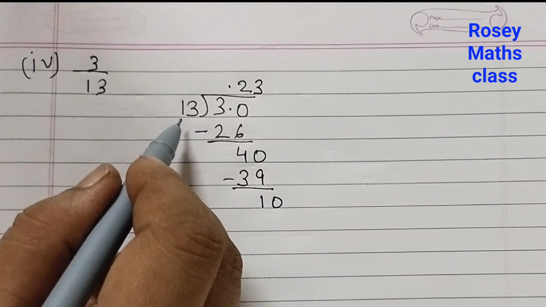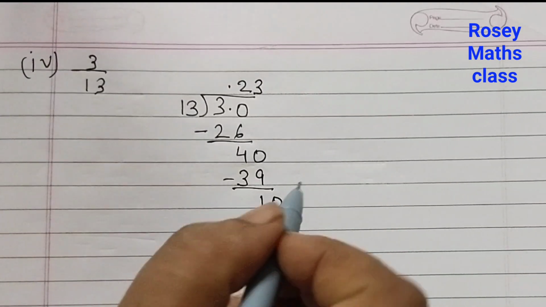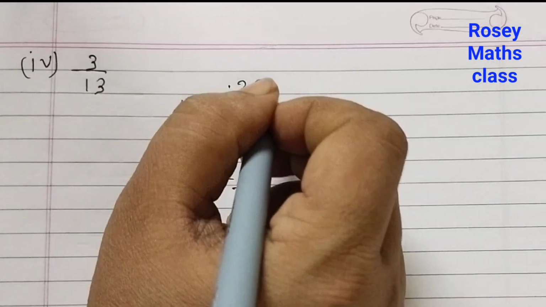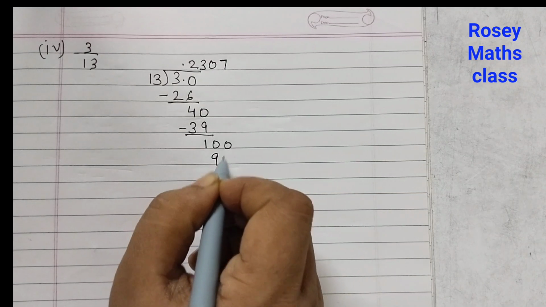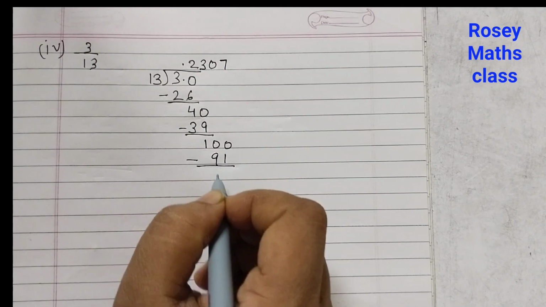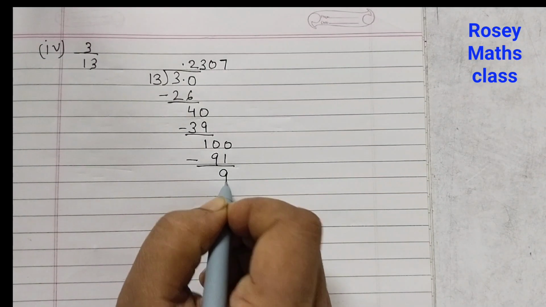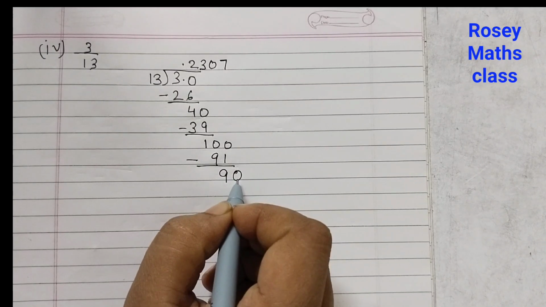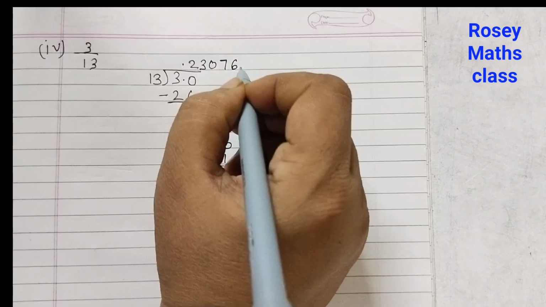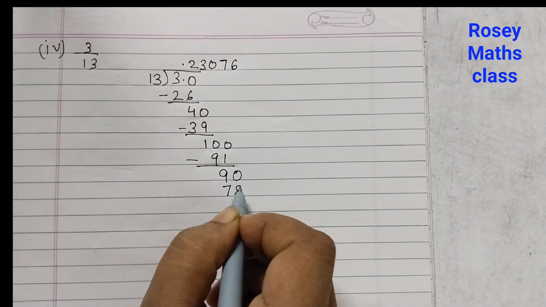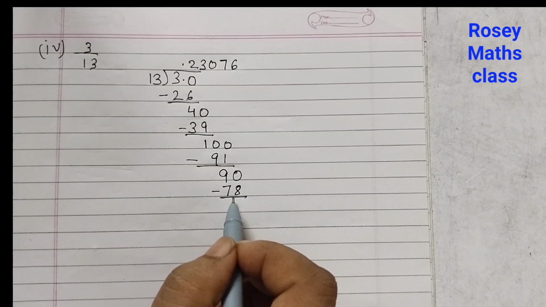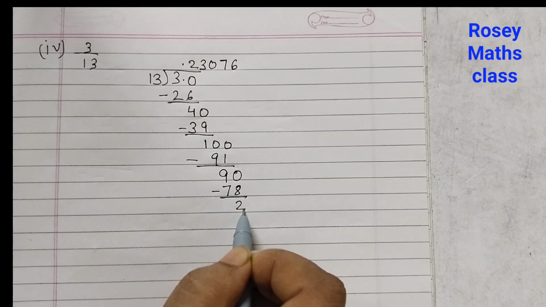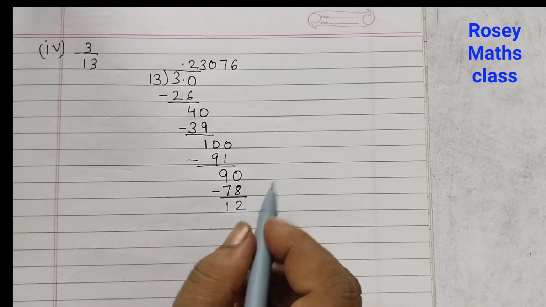10 is smaller than 13. So we will place a 0 here, one more 0, and 13 sevens are 91. 100 minus 91 is 9. Put a 0. 90. 13 sixes are 78. Subtract, 90 minus 78 is 12.